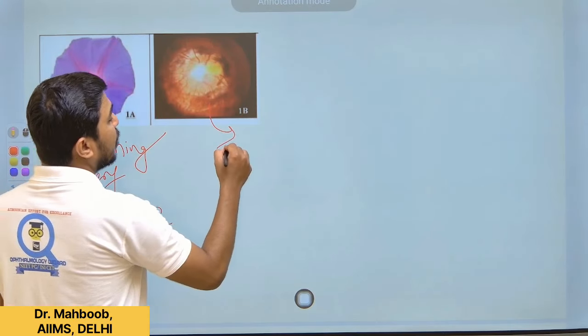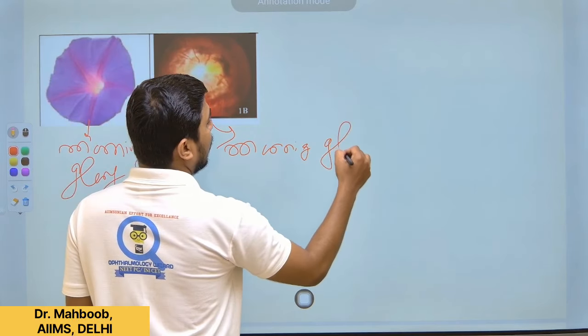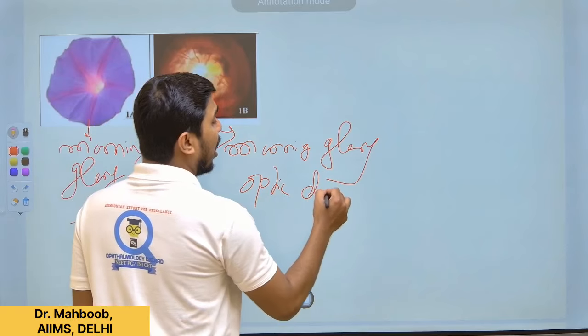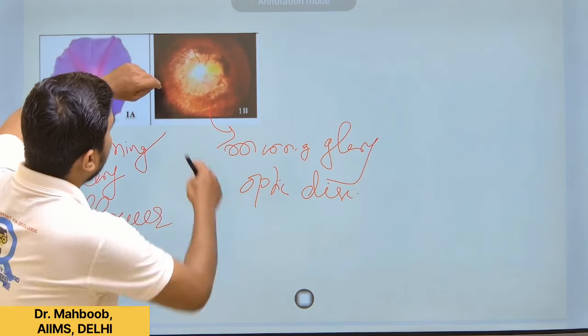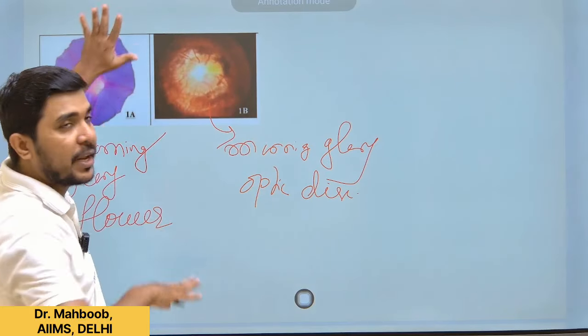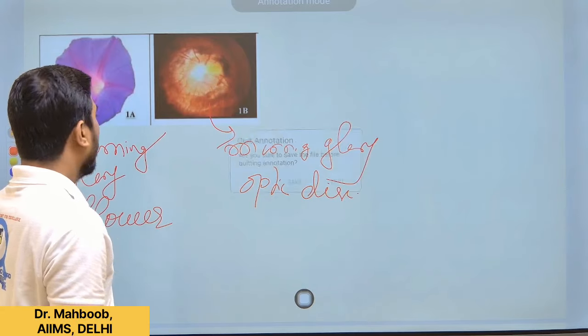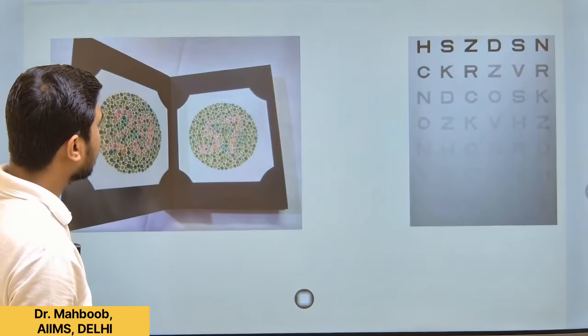And this is the morning glory disc. It is an optic disc anomaly where the blood vessels are radiating away from the optic disc, just like the marigold. For your very interesting question, that's why I put it here.